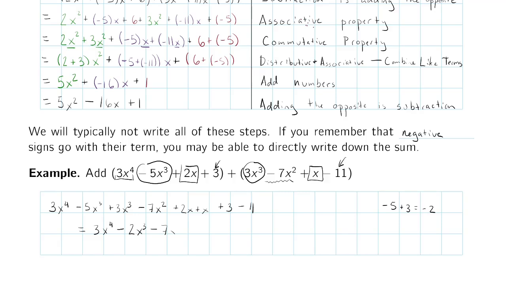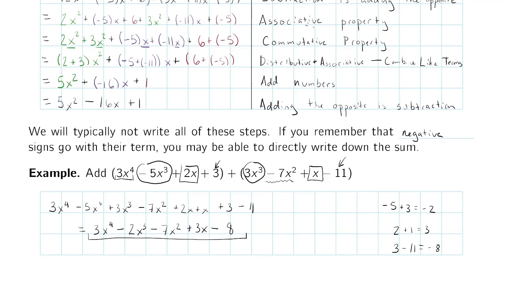Negative 7x squared has no like terms. 2x plus x, right? 2 plus 1 is 3. So I'll have plus 3x. And finally, 3 minus 11 is negative 8. So I'll have minus 8. And now I see that all my like terms are collected. That's my sum. This is typically how we'll write this.